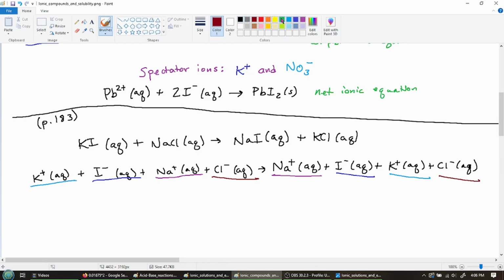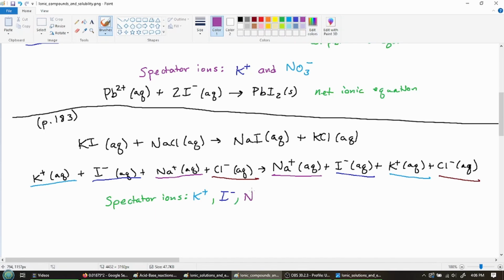So it looks to me like we've got quite a lot of spectators for this one. I've got K+, I've got I-, and in fact, looking at it, it looks like everything here is a spectator.